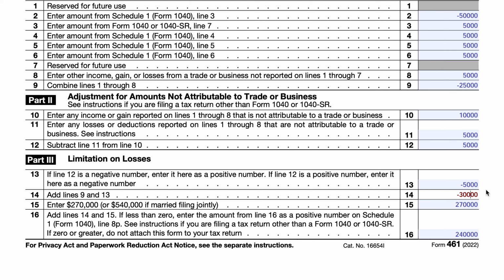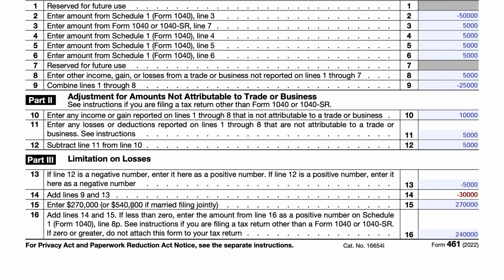But the limitation has actually increased from 2022 to 2023, and it's increased even more for 2024. So for the 2023 tax season, you would see $289,000 here for single filers. You would see $578,000 for married couples filing jointly.